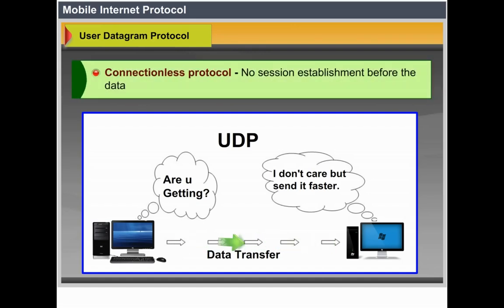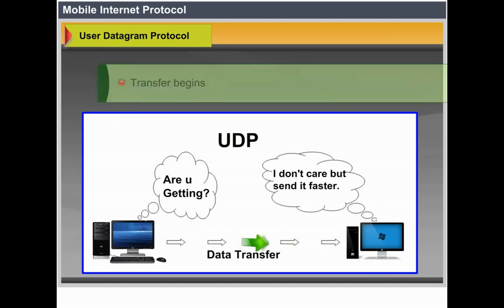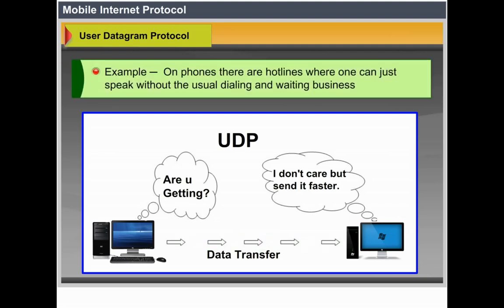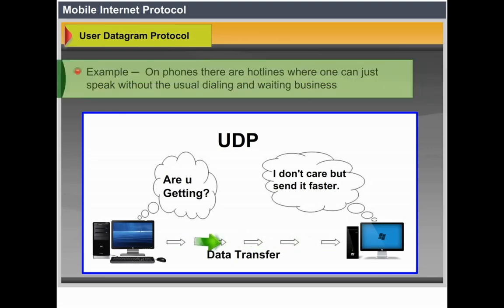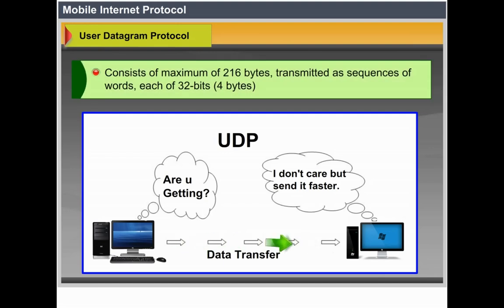Connectionless protocol: no session establishment before the data transfer begins. Example: on phones there are hotlines where one can just speak without the usual dialing and waiting business. Consists of a maximum of 2^16 bytes transmitted as a sequence of words, each of 32 bits, 4 bytes.